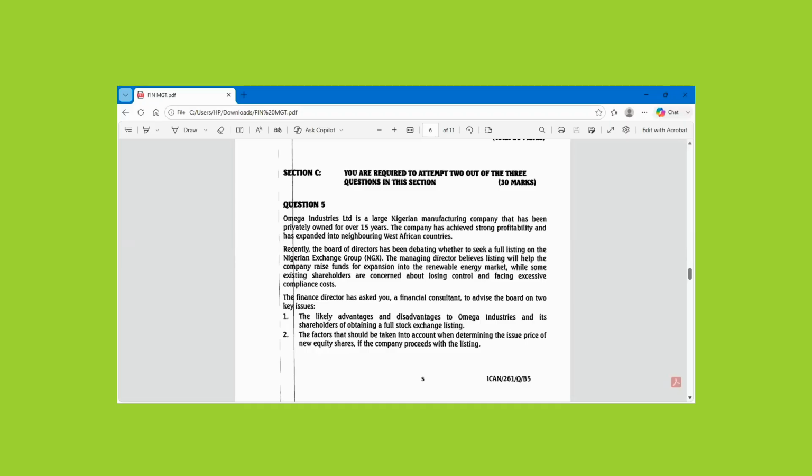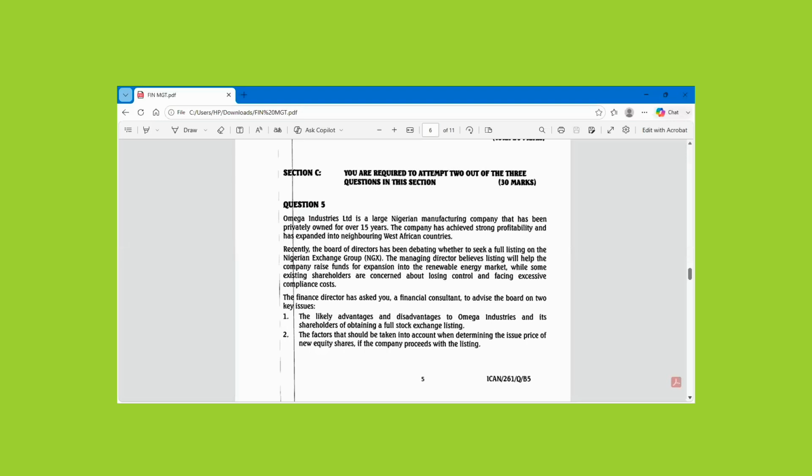Recently, the board of directors has been debating whether to seek a full listing on the Nigerian Exchange Group. The managing director believes that listing will help the company to raise funds for expansion into the renewable energy market, while some existing shareholders are concerned about losing control and facing excessive compliance costs.